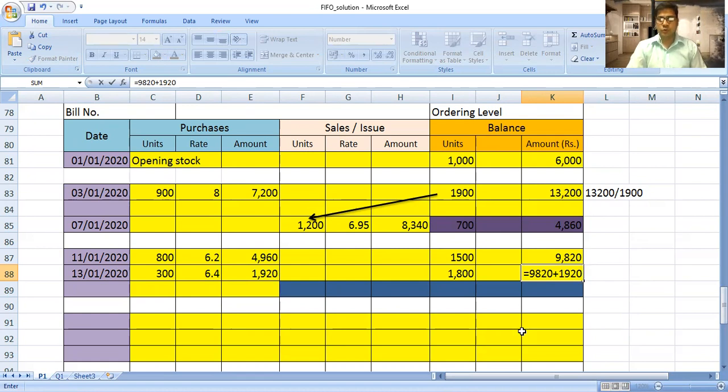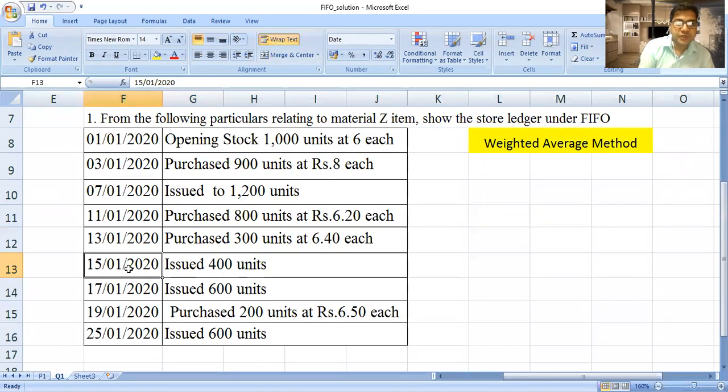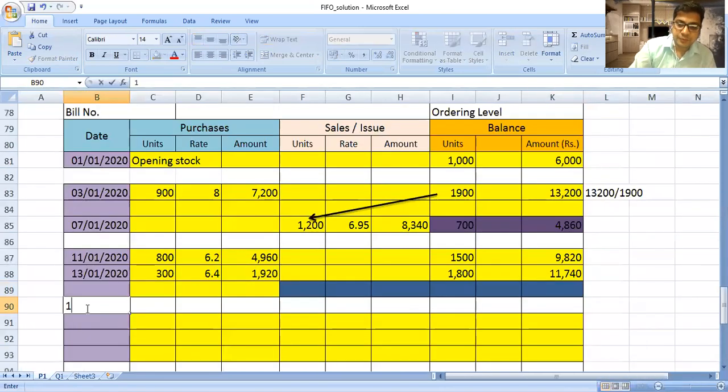So total value of closing balance on 13th January 2020 is 1800 units and their value in rupees 11,740. After recording this, next date, on 15th January 2020, they issue 400 units. So we will write here 15th January 2020.